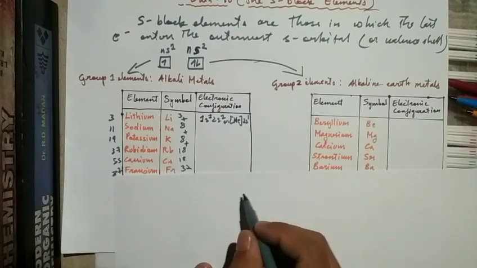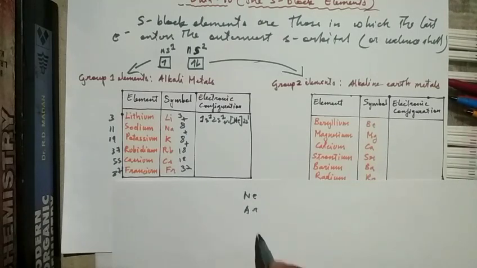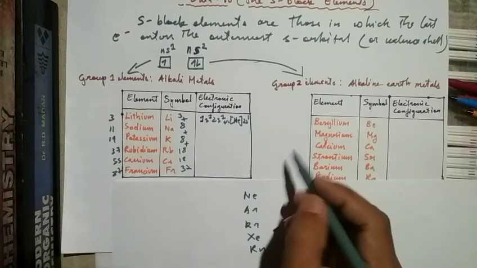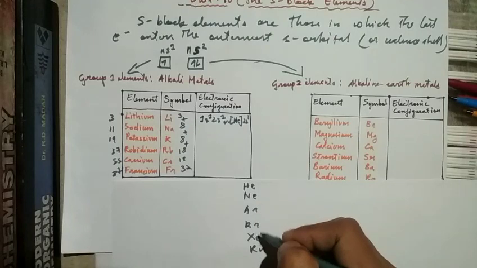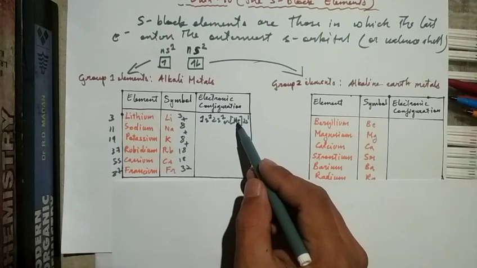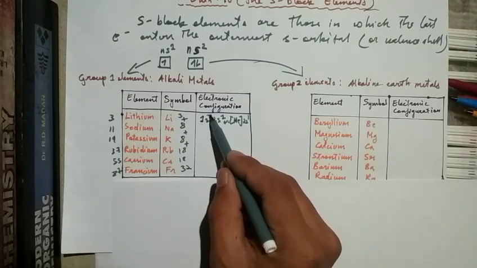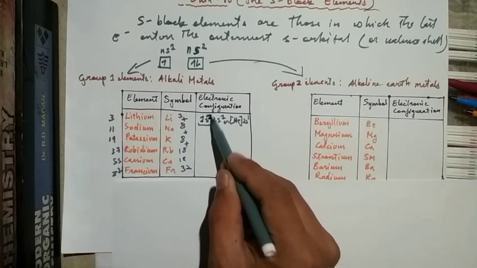Those noble gases are helium, neon, argon, krypton, xenon and radon. So in place of this 1s2, we write helium, atomic number 2. So helium covers this part.